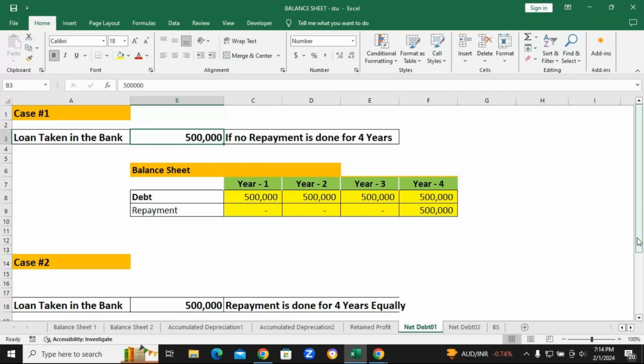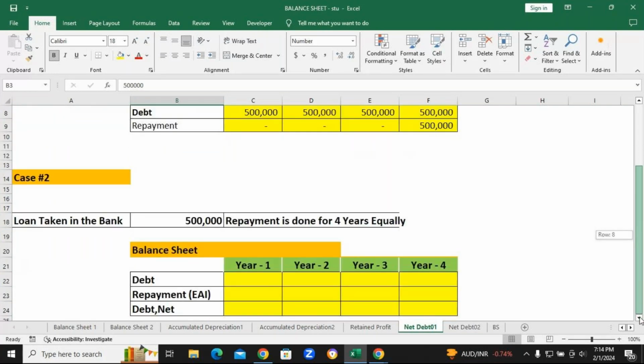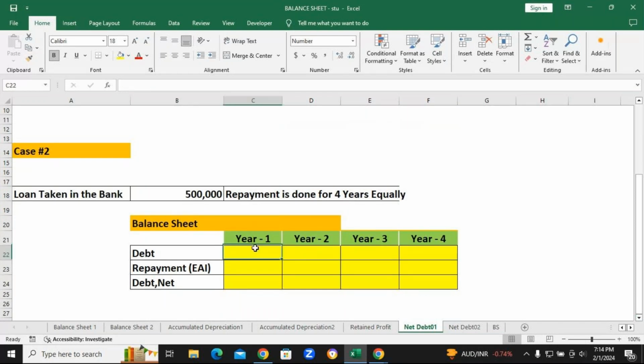If repayment is done, like 4 years also I'm making the repayment, then what will happen? Here the debt amount, the loan amount, is 5 lakh. This is going to remain the same throughout the 4 years.